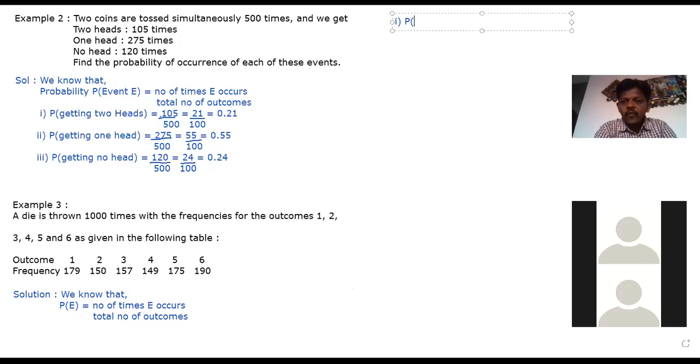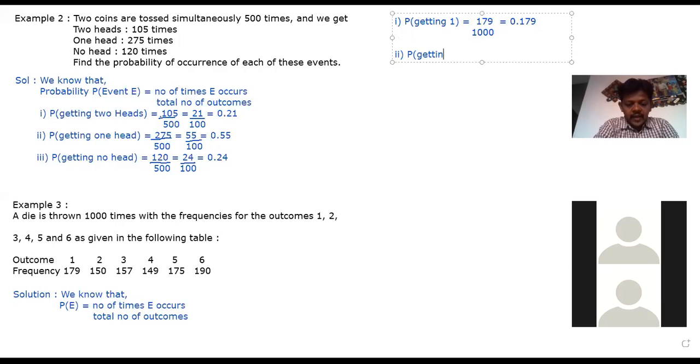P of what? Getting 1 is equal to 79 upon 1000, is equal to how many? 0.179, children. 3 decimals, because of 3 zeros. Yes, sir.